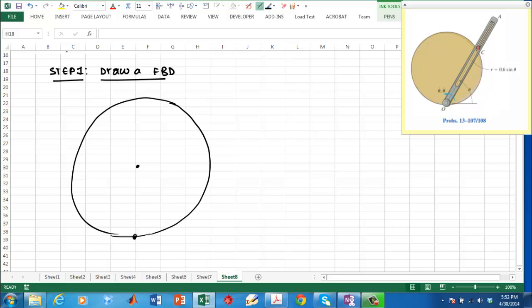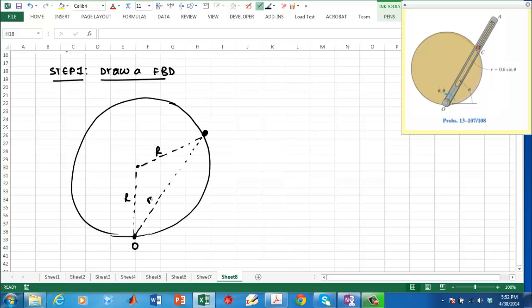Below this is the pivot point, that's O. Here is the arm. And here is the particle, and here is the radius of this circle, and that's an isosceles triangle. So let's call this capital R, and this is little r.